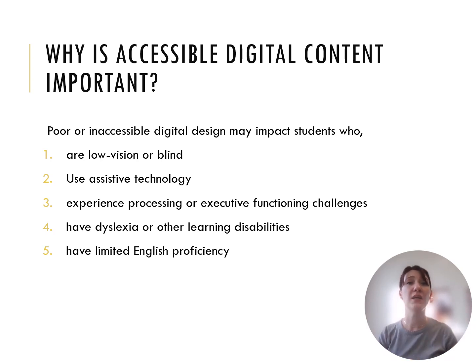Students that have dyslexia or other learning disabilities that may affect their ability to perceive written information, and maybe even our students that have limited English proficiency or limited academic English proficiency, all deserve the same access to information as anyone else. And these students are really going to benefit from some of the strategies that we talk about today.